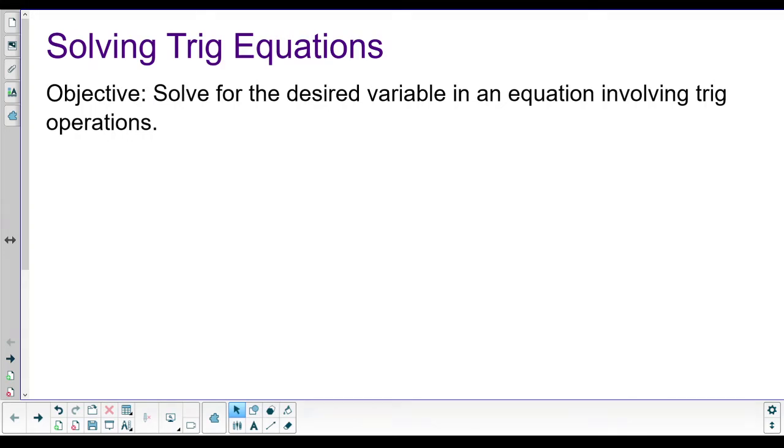We are going to carry right along to our third lesson in this wonderful trig unit. We're going to talk about solving trig equations today. I think that you will like this one more than you have liked the last two.